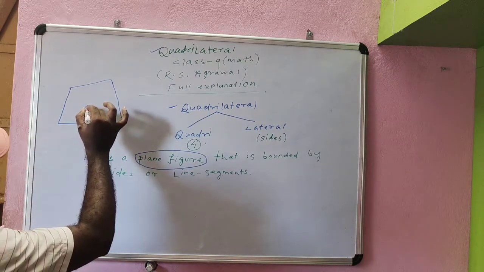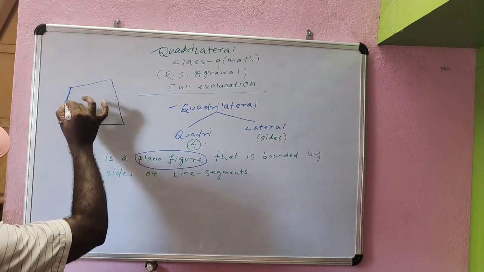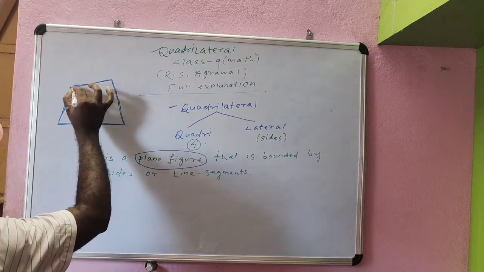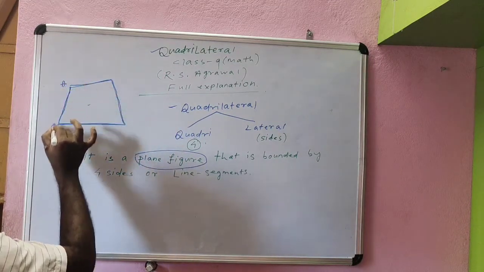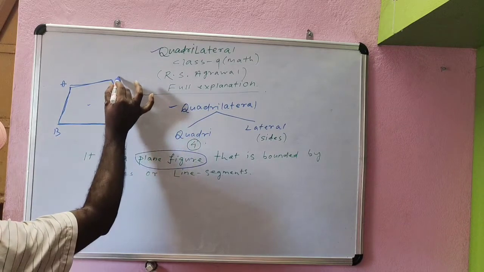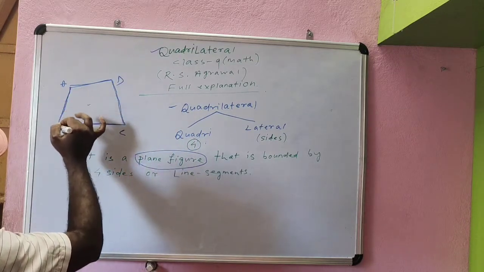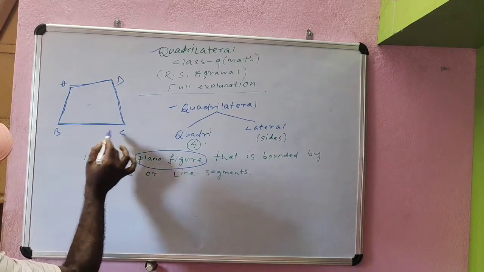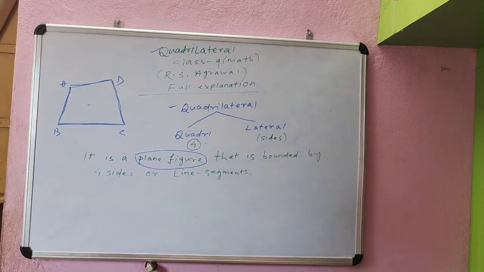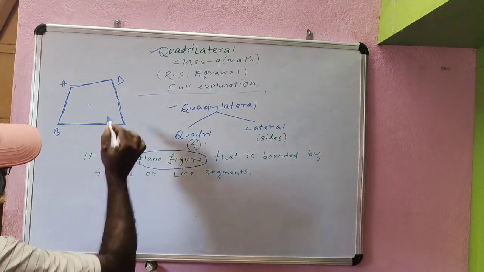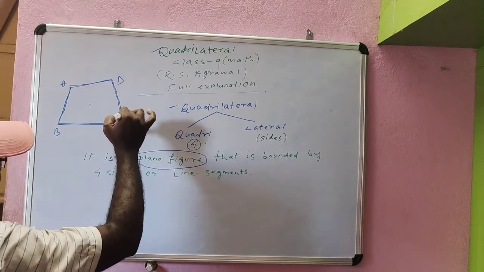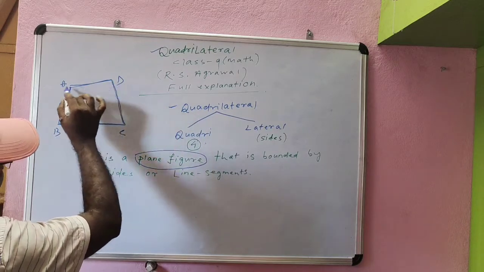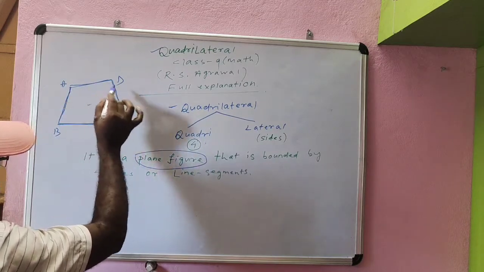And this figure is bounded by four line segments. AB is a line segment, or you can call it a side. Similarly, BC is a line segment, also a side. CD is a line segment or a side, and AD is a line segment or a side.